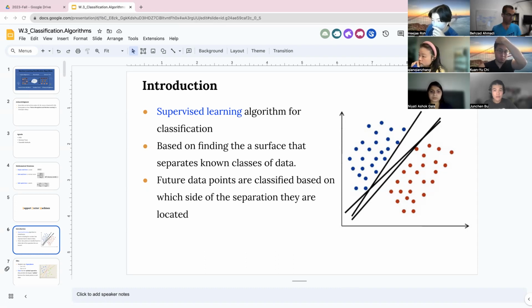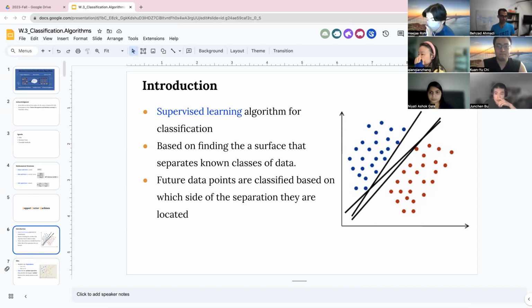So there are different objectives. Focusing on the classification problem, logistic regression was trying to find a surface or a line or a vector that would identify the two classes in a two-class classification problem that would maximize the probability of each class.